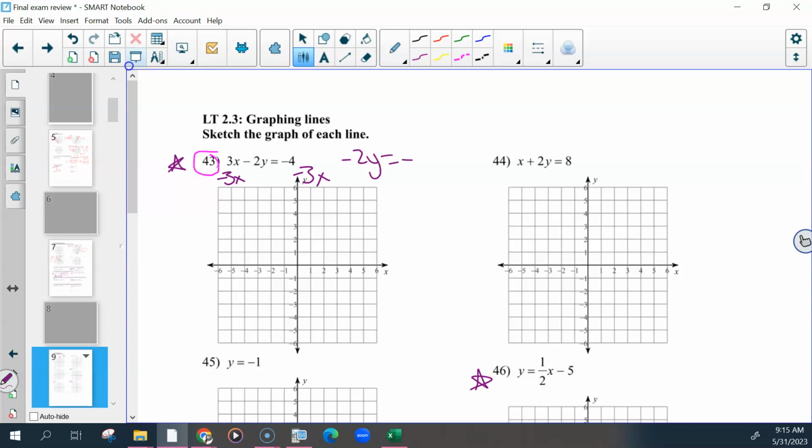So negative 2y equals negative 3x minus 4. And then do what? How would we get y by itself? Right, divide by negative 2 to everything. So in this case, y equals this would become a fraction because it's not going to simplify nice, but the negatives would go away. Here, this would simplify and the negatives would become a positive.